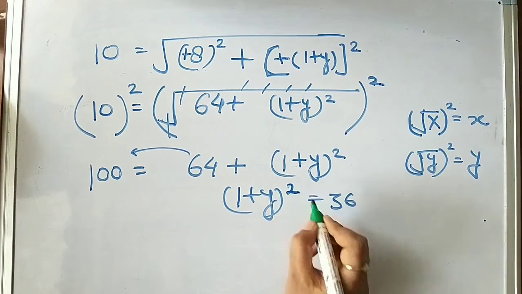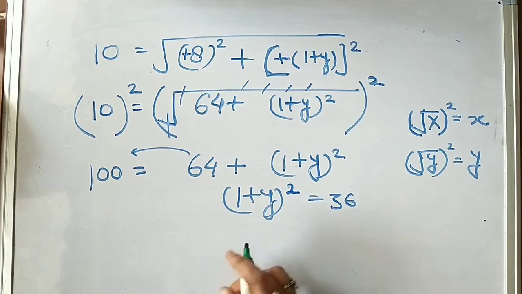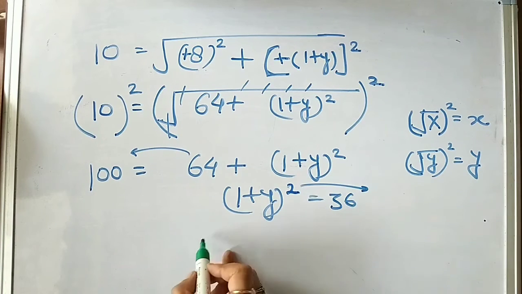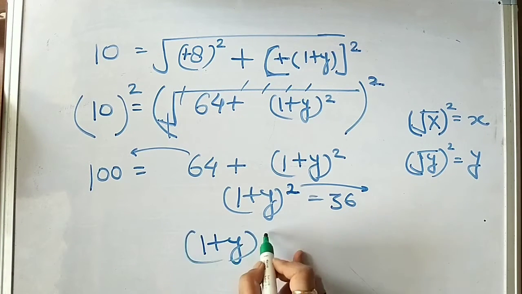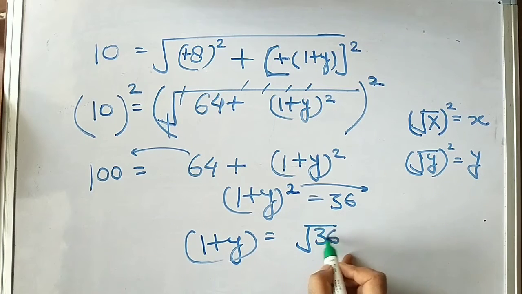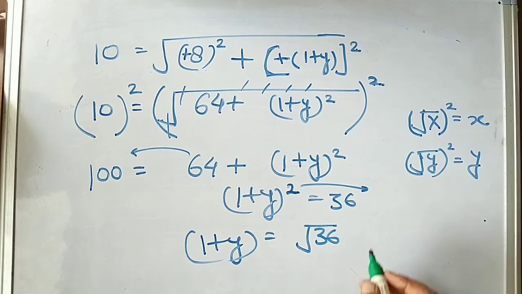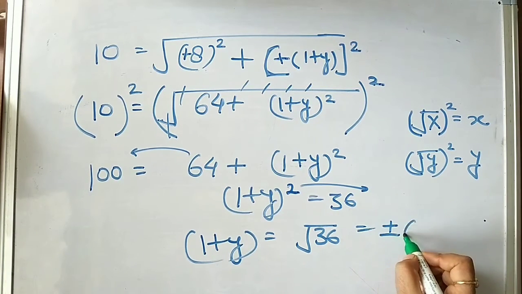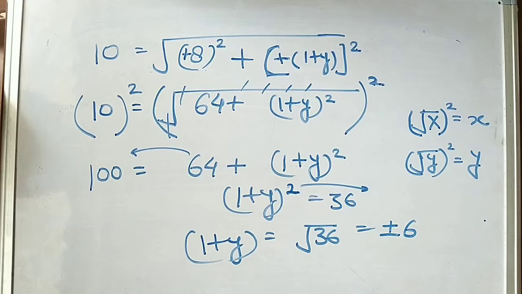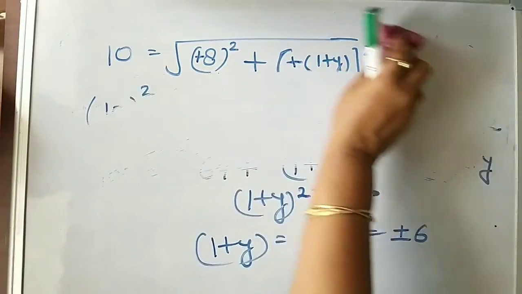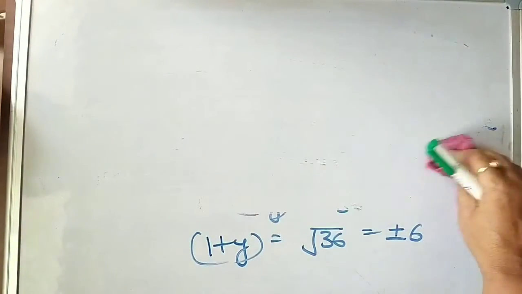So can I take under root both sides to get rid of this? Or I can say the square will go there. If a square goes to the other side, it becomes root 36, which is nothing but plus minus 6. So I can take two values, plus 6 or minus 6.